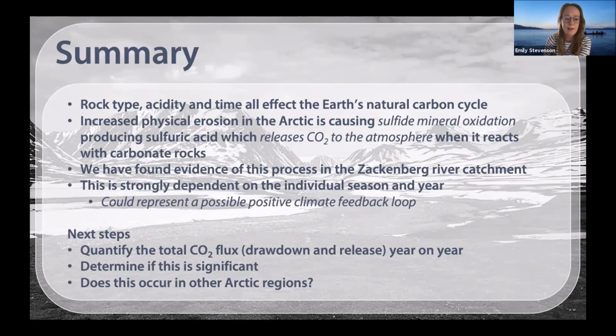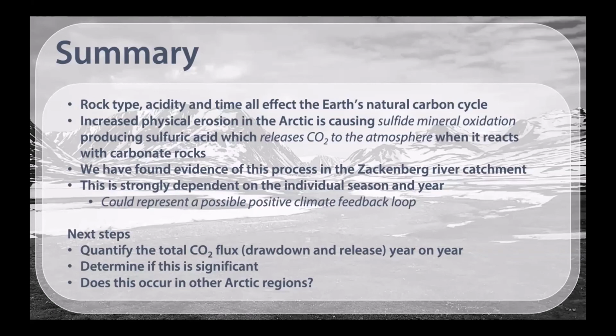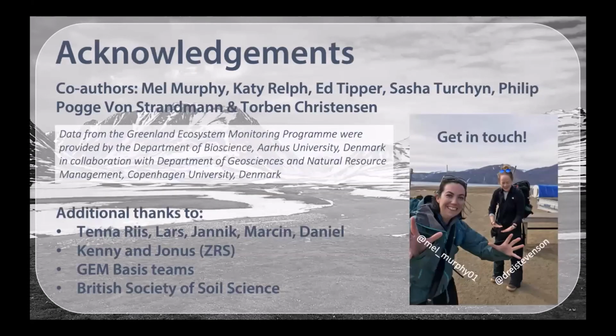Our next steps are to quantify the total CO2 flux, that's drawdown and release year on year, determine if this is significant on a global scale, and then in the future maybe ask questions about, does this occur in other Arctic regions as well? And with that, I will finish.